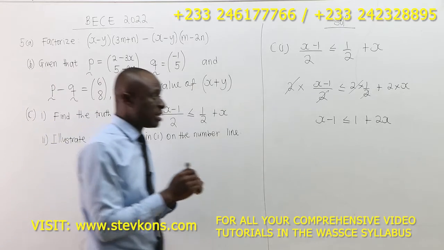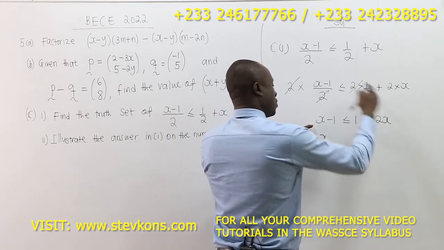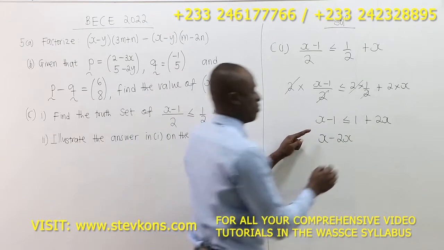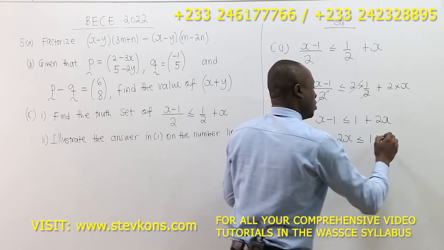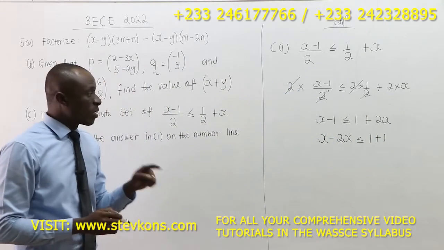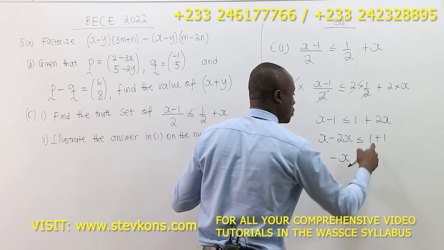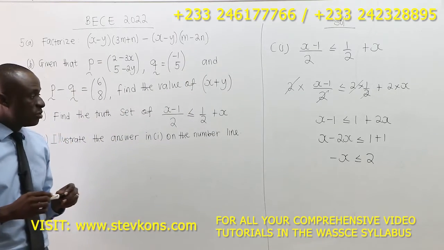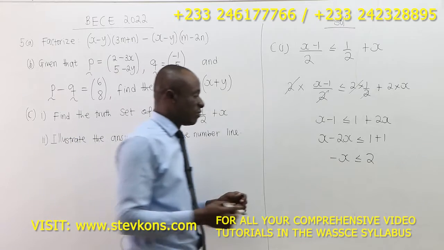Now, from here, what do we do? We group like terms. So you have x, and this positive 2x crossing becomes negative 2x, less or equal to 1. Now this negative 1 crossing becomes positive 1. Now x minus 2x, clearly this is negative x, less or equal to 1 plus 1, and this is equal to 2. Now we want to find x, we divide both sides by negative 1.